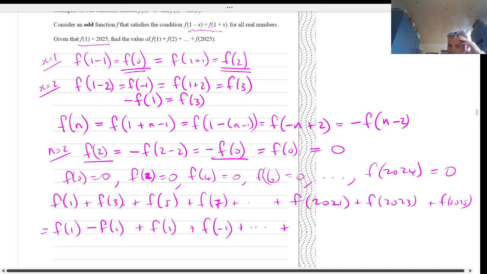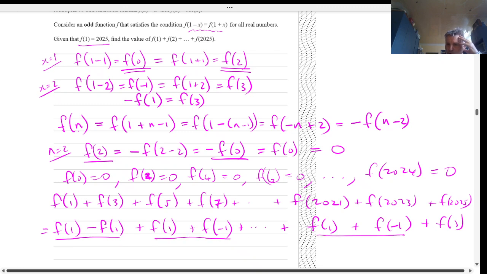Every second one, so every fourth one, is the same, and the fourth ones are always one more than a multiple of 4. This one's 1 more than a multiple of 4, so this is going to be f of 1. This one's going to be f of 1 as well. These all cancel.